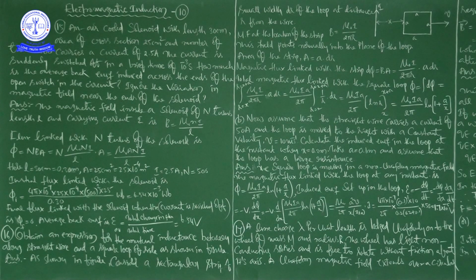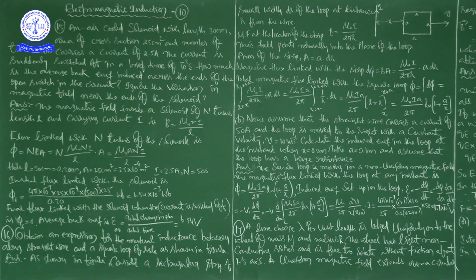An air-cored solenoid with length 30 centimeters and area of cross section 25 square centimeter and number of turns 500 carries a current of 2.5 amps.